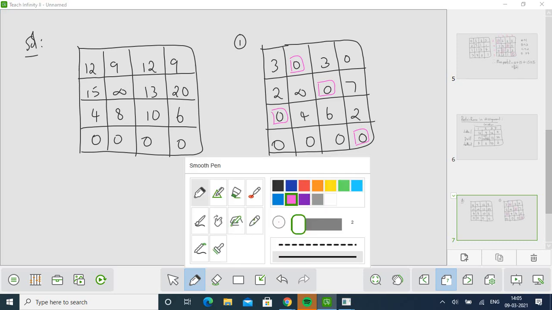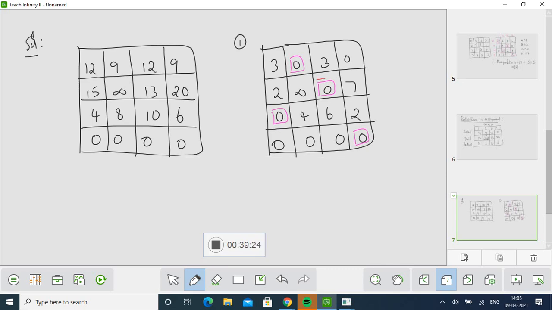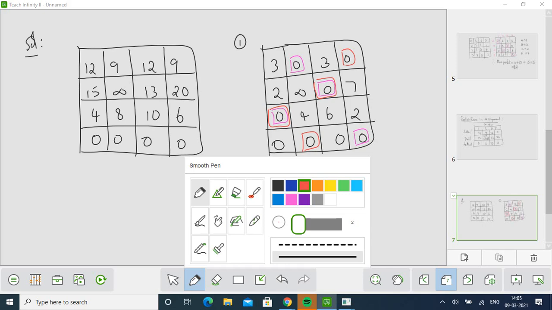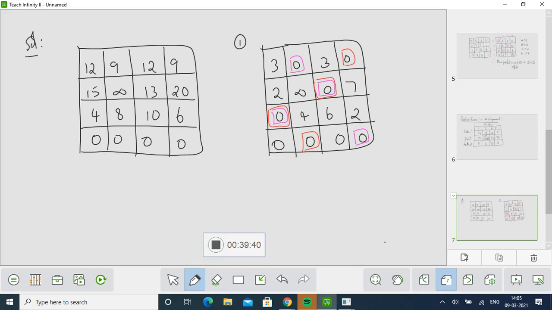Alternately, there exists an alternate solution plus this solution. So what would be the optimal allocation?